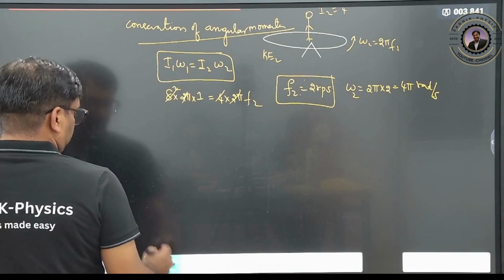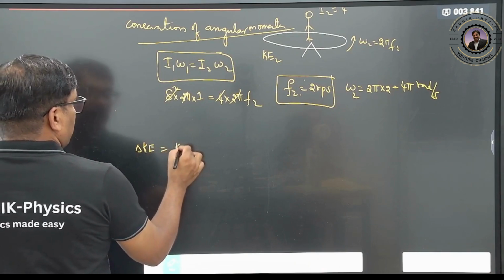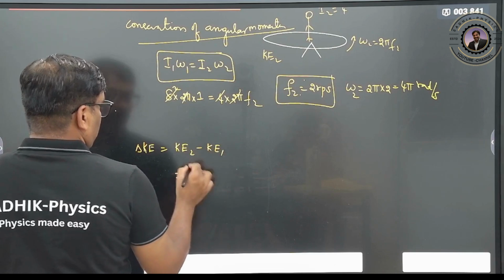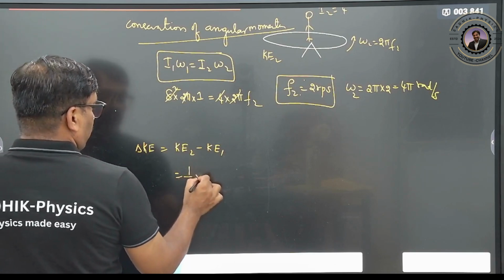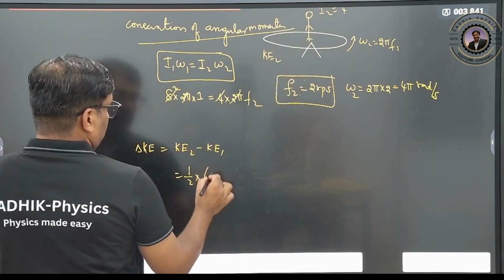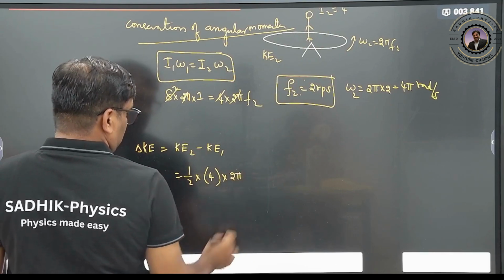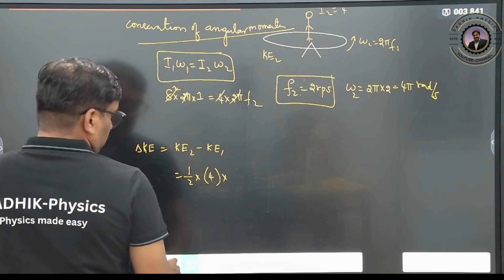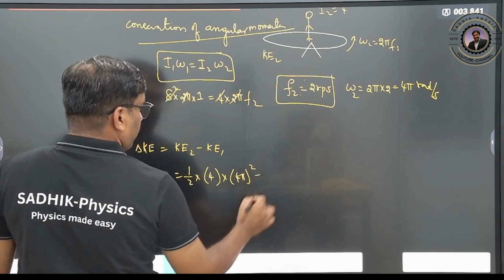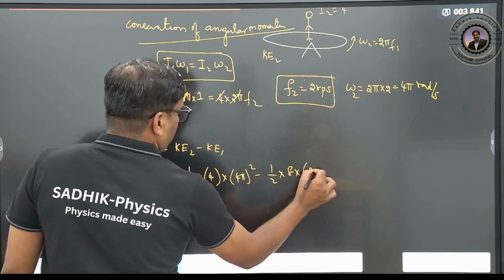Change in kinetic energy is nothing but kinetic energy 2 minus kinetic energy 1. So what is the kinetic energy? Half I omega square. I2 is 4 into omega 2, that is 4 pi, whole square, minus half into 8 into 2 pi whole square.